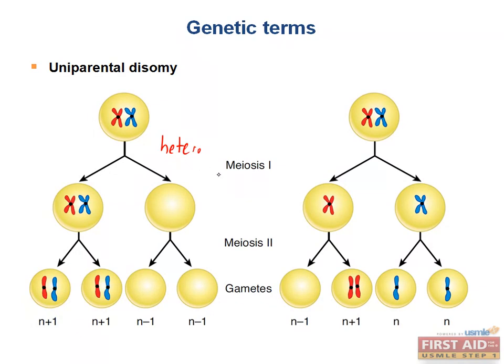Heterodisomy is caused by an error in meiosis 1 and results in having 1 of each homologous chromosome from the same parent. Isodisomy occurs from an error in meiosis 2, which, as you can see here, would result in having 2 identical chromosomes, which were originally sister chromatids. It can also be caused by duplication of one chromosome and loss of the other.